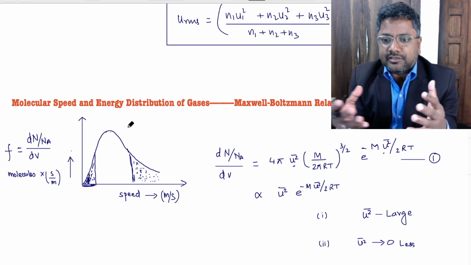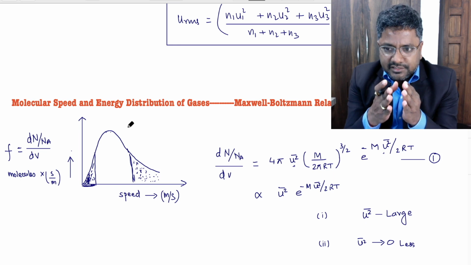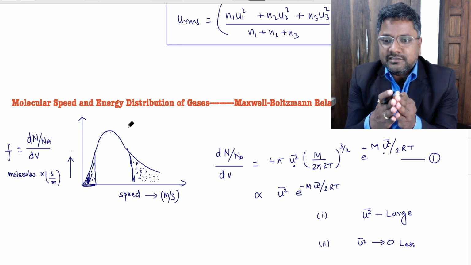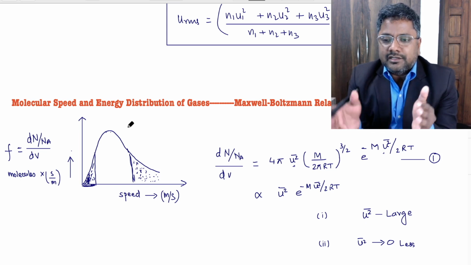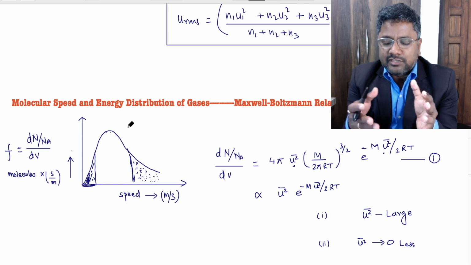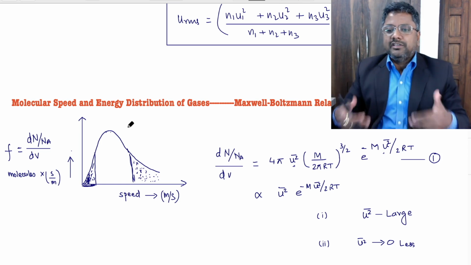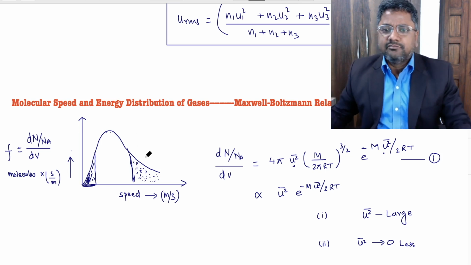If a curve is narrow, it means the distribution of molecular speed is less, and if it is broader, then the range of molecules with that speed is more, meaning the number of molecules is more there. This is the simple meaning.